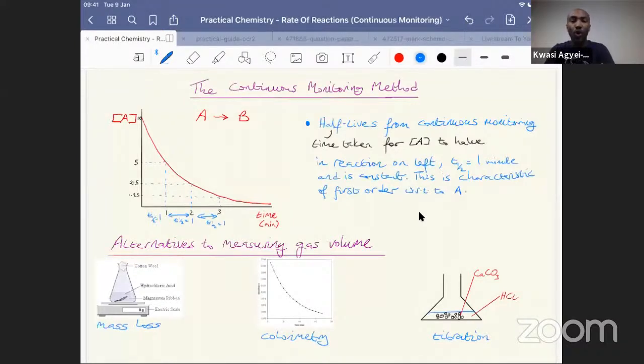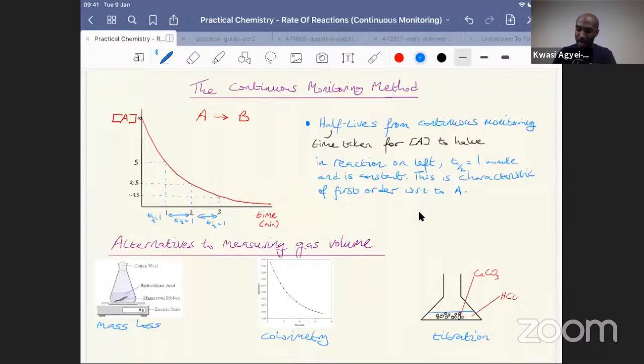Okay, so the order of the reaction with respect to A must be first order. So the half-life is independent of our reactant concentration in a first order reaction. So that is a very key piece of information here.